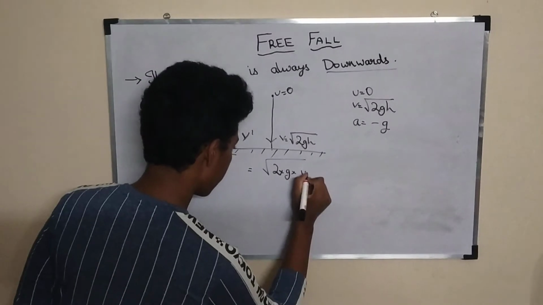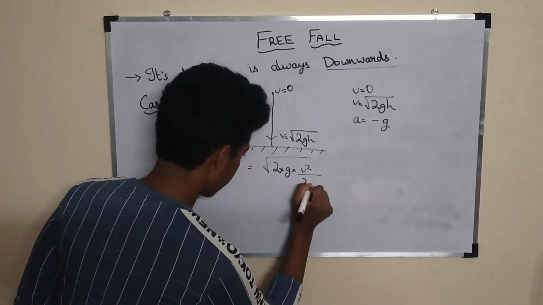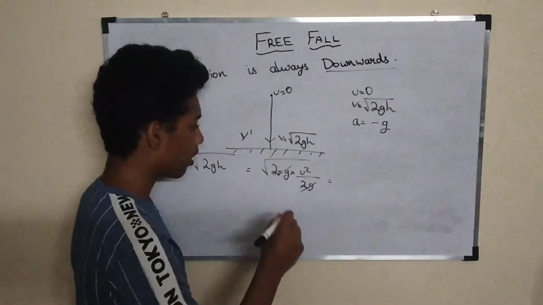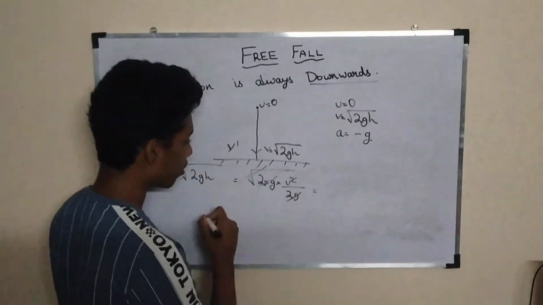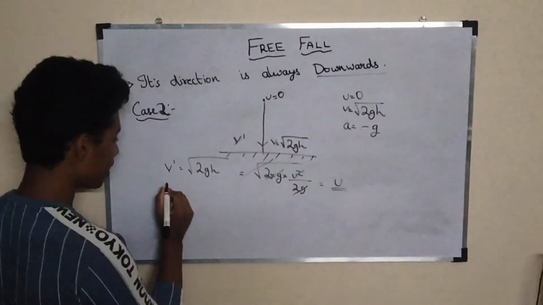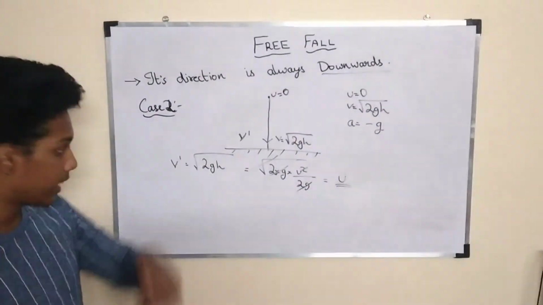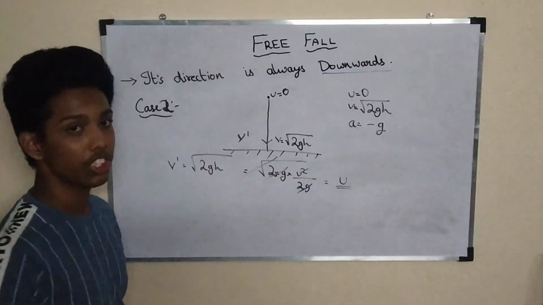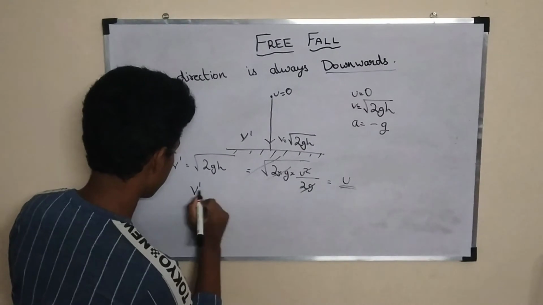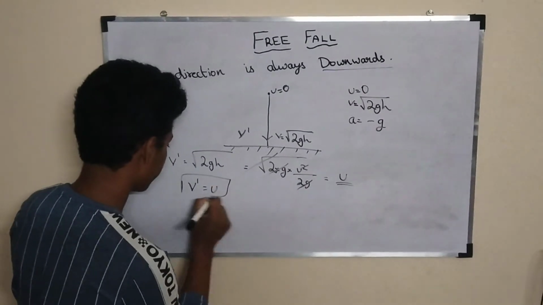So 2g gets cancelled, and the square and root get cancelled, so the value would give you u. So the velocity at which it hits the ground would be equal to the initial velocity at which it is thrown. So v dash, the result is u.